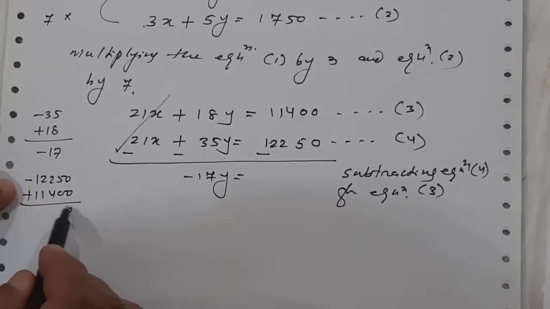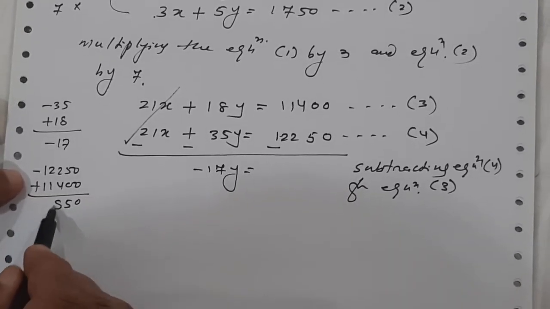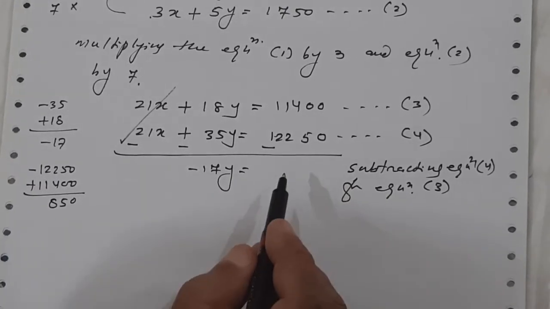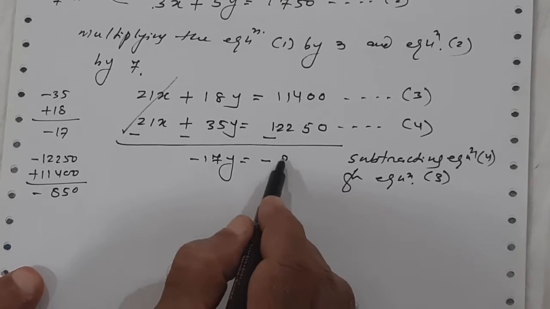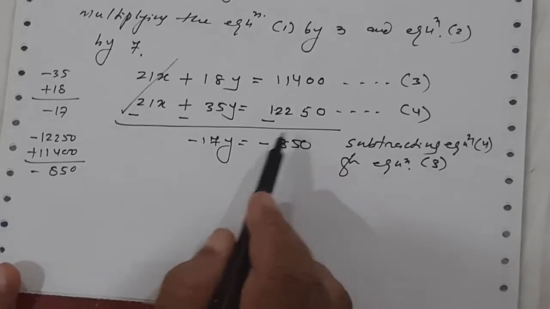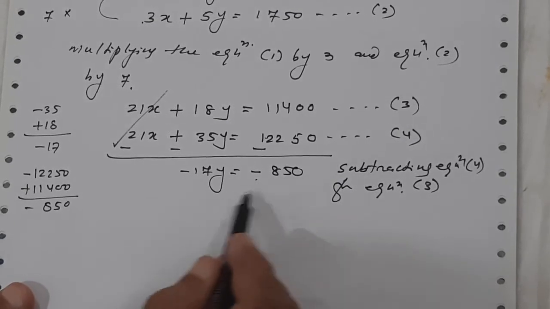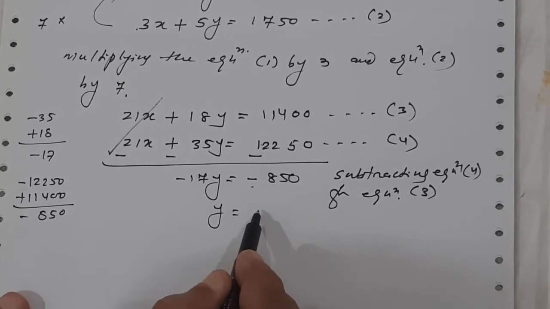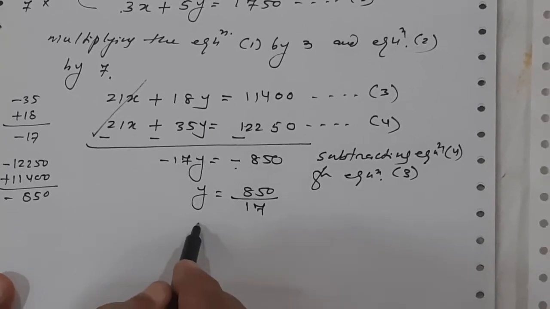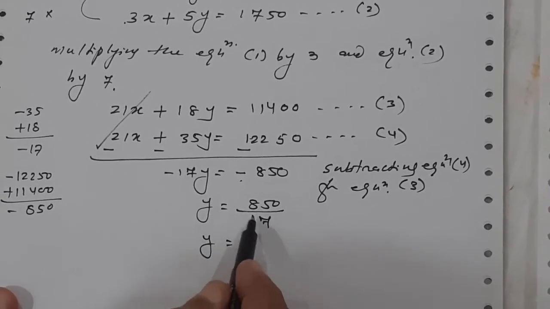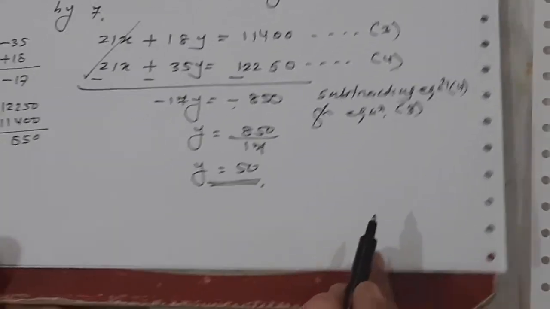Subtract. 0, 5 minus 0, 5. Borrow 1 from here, 12 minus 4, 8, and 11 minus 11, 0. So we get minus 850. The sign will be minus because the greater number has the minus sign. So minus minus gets cancelled. So y is equal to 850 divided by 17. That becomes 50. So y is equal to 50. This is the cost of each ball.